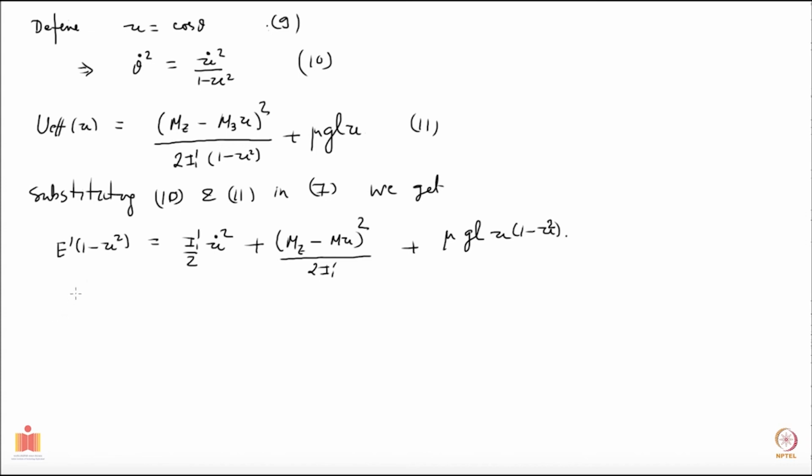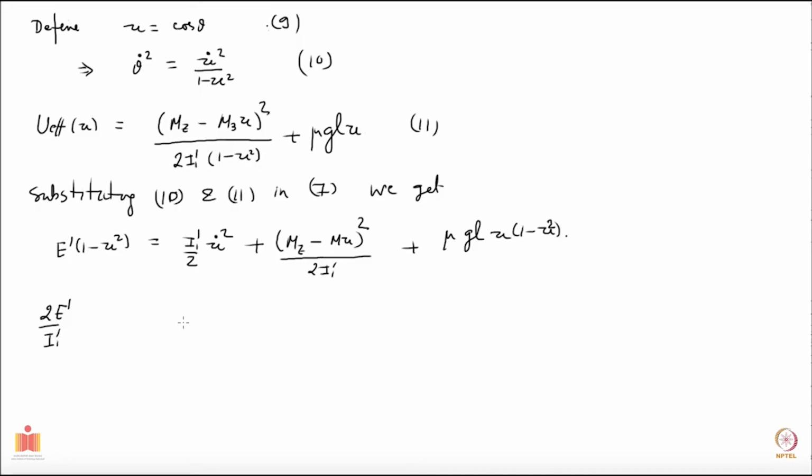So you see, this E prime will carry a factor with it, because when you divide it becomes 2 E1 prime over I1 prime. So 2 E1 prime over I1 prime.